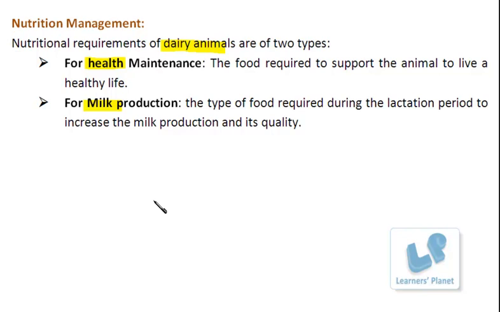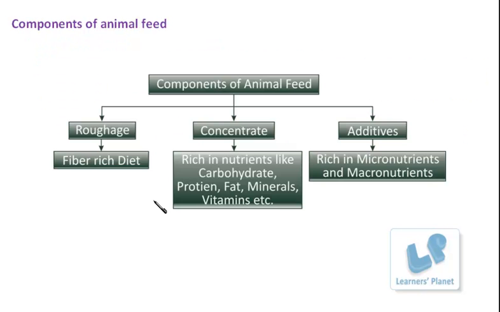So this nutrition program should be well planned. Now the point is what type of nutrients are required for health maintenance or for milk production, isn't it? So let us understand that point now.